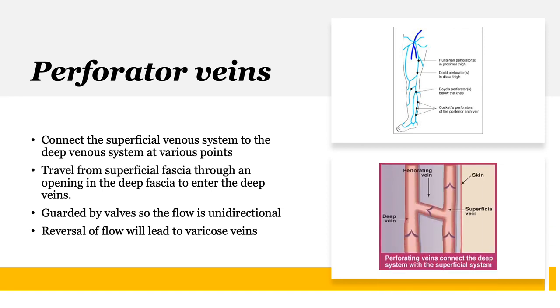They travel from the superficial fascia through an opening in the deep fascia to enter the deep veins. They are guarded by valves, so the flow is unidirectional from the superficial system to the deep system. Any reversal of flow in perforators will lead to varicose veins.